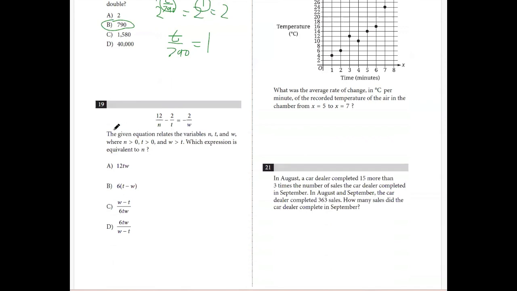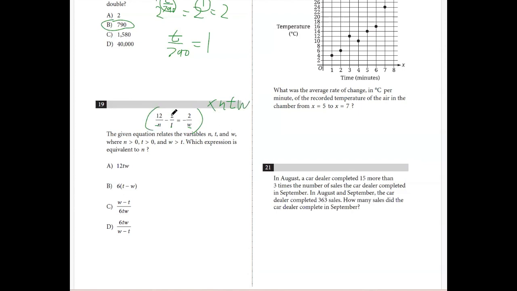Okay, the given equation relates the variables n, t, and w, where n is greater than 0, t is greater than 0, and w is greater than t. Which expression is equivalent to n? Since we have n, t, and w all written separately in the denominator, I'm going to multiply all of this by n, t, w.